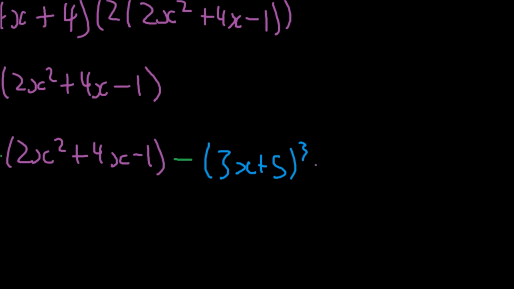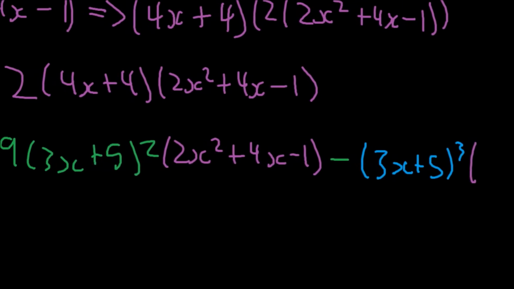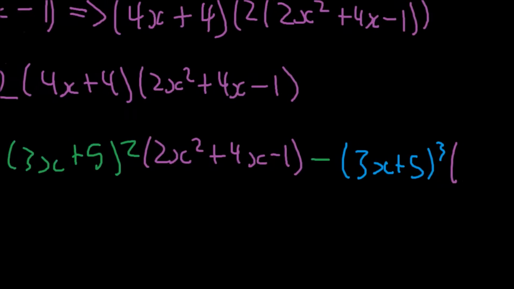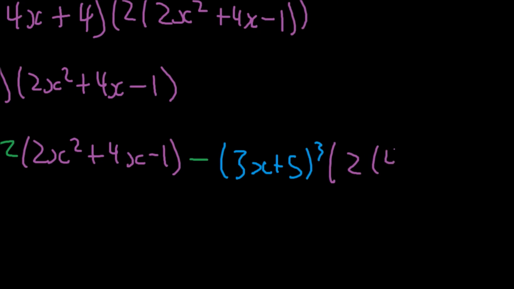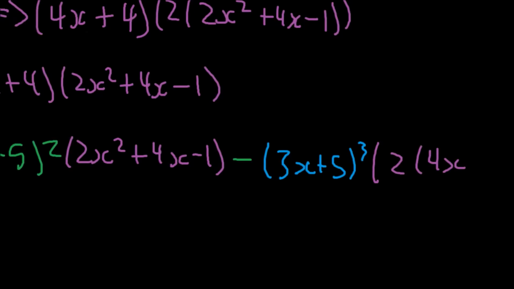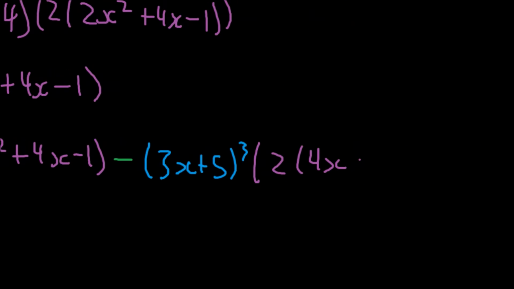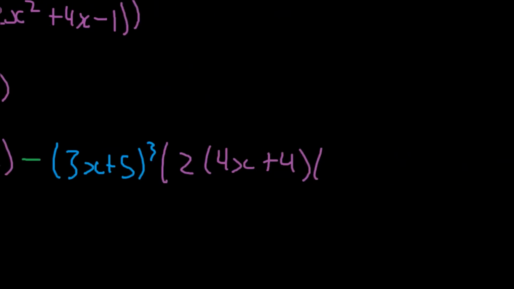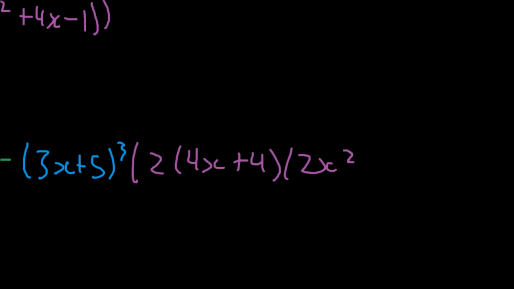Multiply that by the derivative of that inside function, inside my bad bottom, which is 2 by 4x plus 4 by 2x squared plus 4x minus 1.